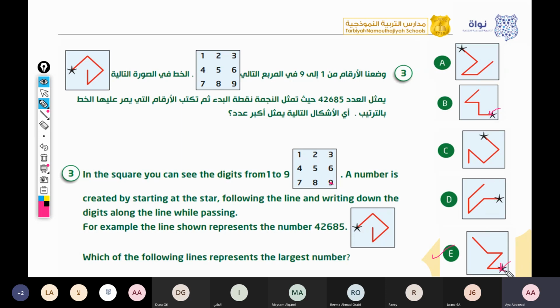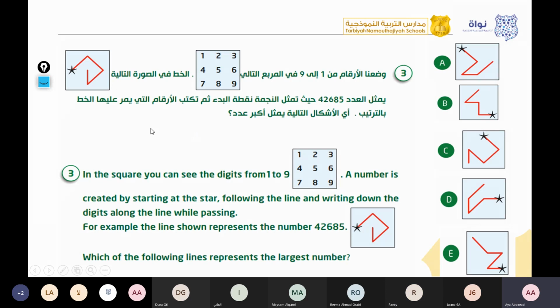So let's see. After 9, 8. The two start with 8. After that, D gets 5 and E gets 6. So E wins because 6 is more than 5. So we choose E. That's what you need to tell me, right? Yeah. Super. Any question about this? No, miss. Thanks.